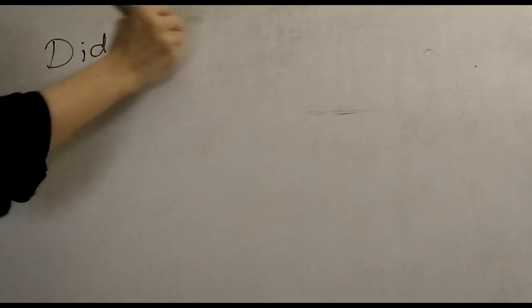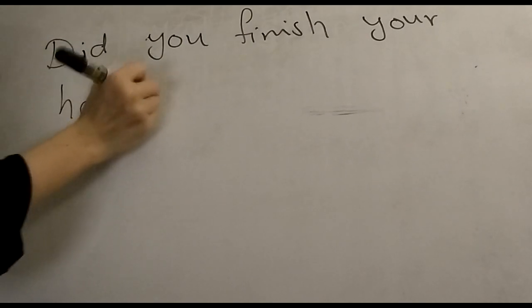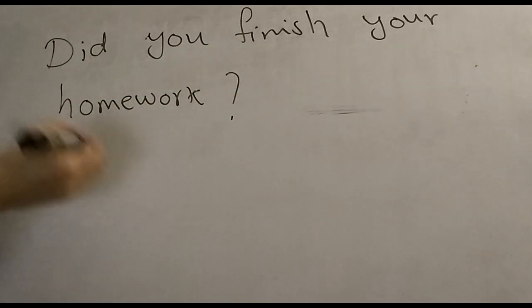And the negative form is so easy, guys. The only thing that you need to do is adding not in your answer. If the answer is no, then you will say no I don't, or no I didn't. Like for example, if the question starts with did you finish your homework?